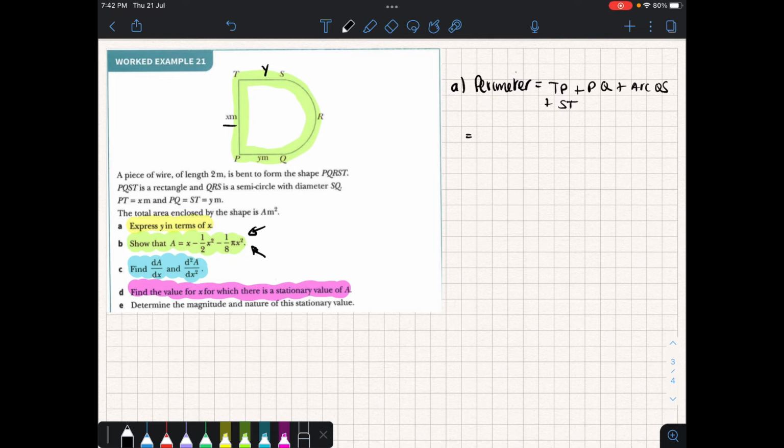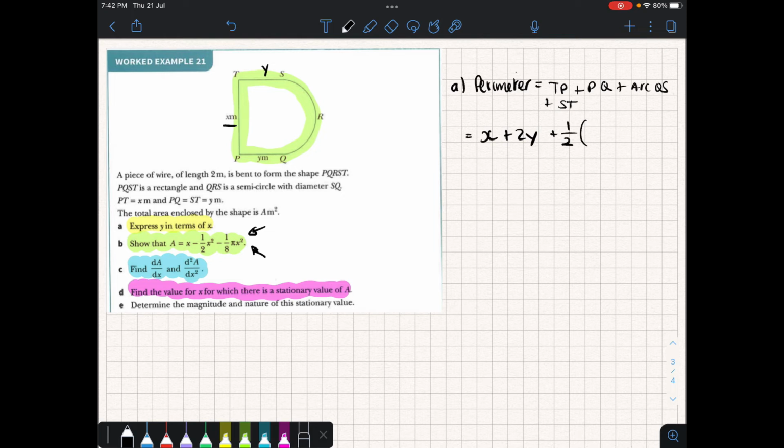And so what I need to think about in terms of the shape is how I can make that. So T to P is just x, right? It's one of the sides that can vary. And so is Q to P, and S to T. They're both y's. So we have two y's going there. Then I have half the circumference of a circle. So what is the circumference of the circle?